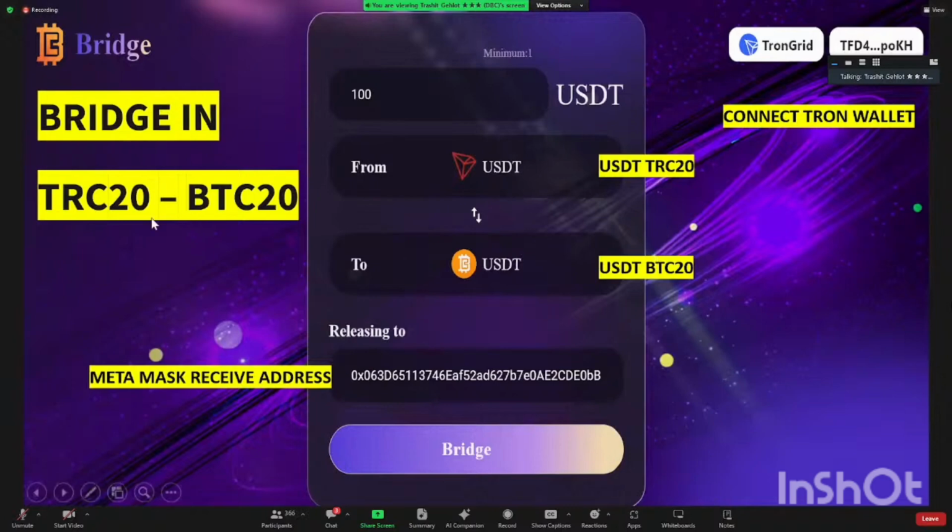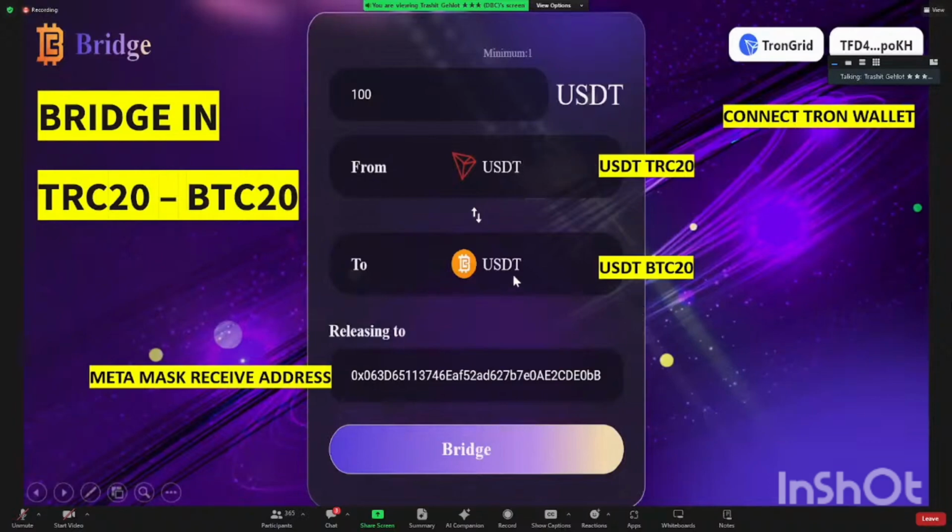So the bridge in feature helps you transfer TRC20 USDT to USDT BTC20, and for that you need to connect your Tron Link wallet. And the releasing to address would be your MetaMask wallet address, on which you have already enabled the BTC20 smart chain, because you are transferring from TRC20 to BTC20.